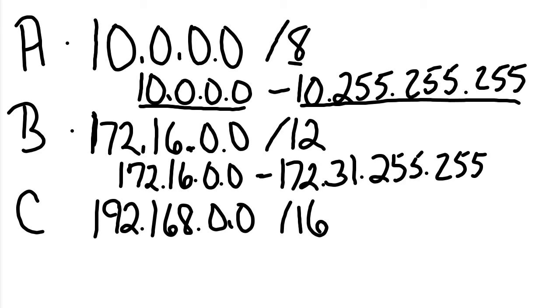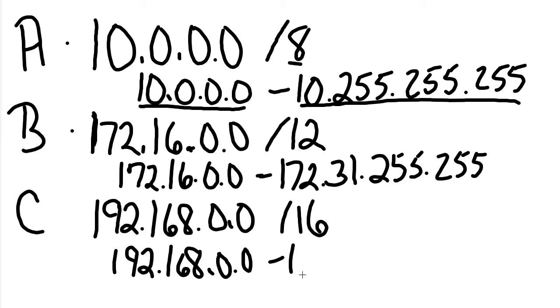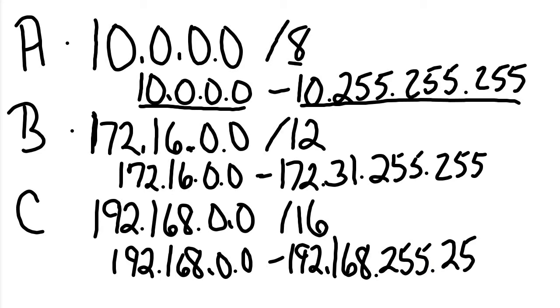Okay, so what that means is my network starts at 192.168.0.0, and it goes clear through 192.168.255.255. So all I really need to know is each one of these networks and its subnet mask, and I could calculate the entire range.